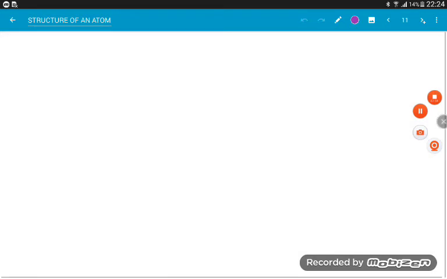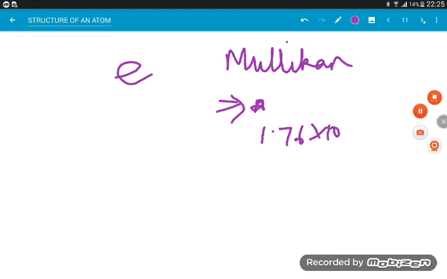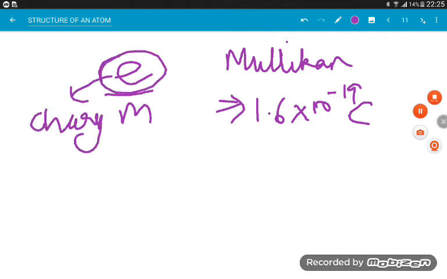Let me move to the next slide. By this e by m ratio, we know that Millikan gave the charge of the electron as 1.6 into 10 power minus 19 coulombs, right? According to the e by m ratio, e is the charge and m is the mass.